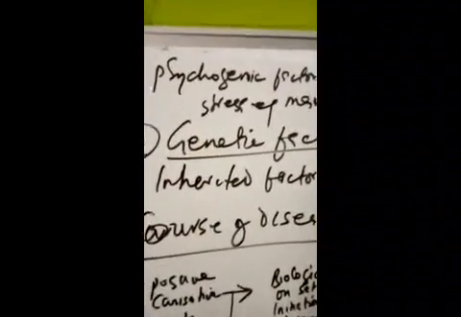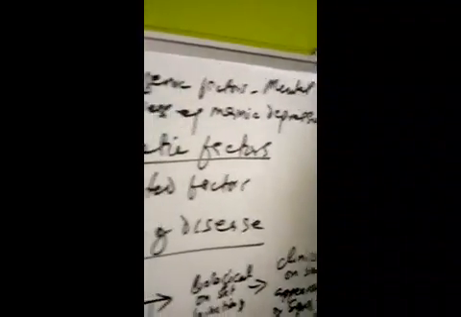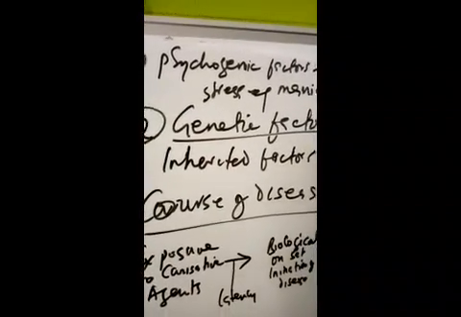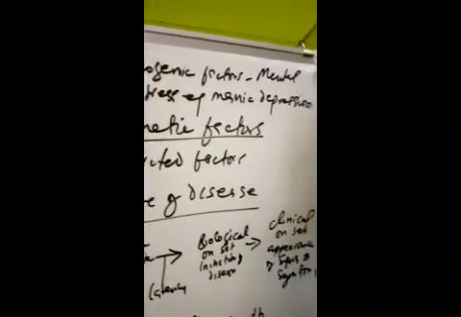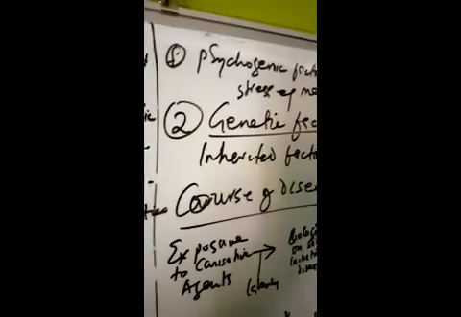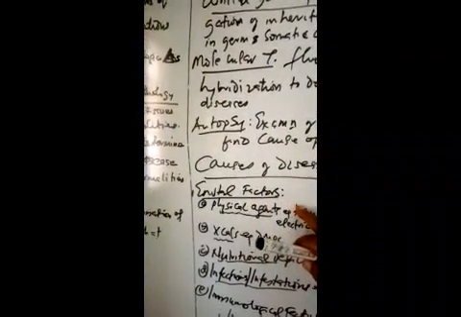Then psychogenic factors, mental stress, which can lead to manic depression or madness. These are diseases. All these we mentioned are environmental factors.